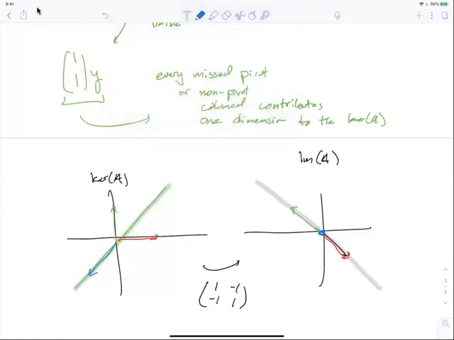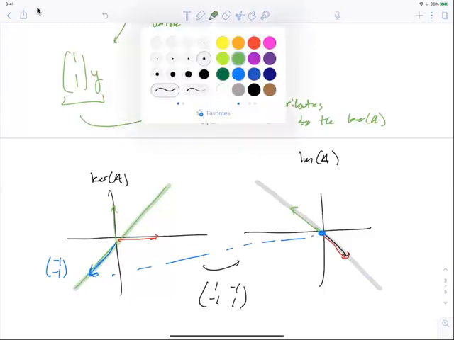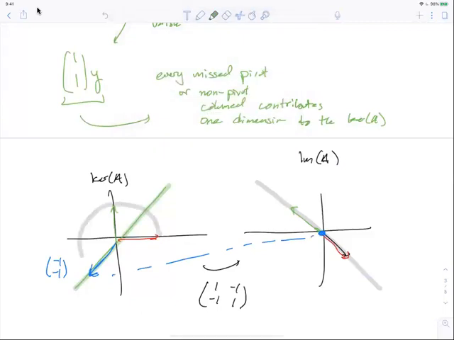So notice that because the blue vector, say minus 1, minus 1, lies on the kernel, it's going to get smashed after it's transformed to this. So we actually started with a circle, right? We actually started with the whole plane, but just for sake of illustration, you can think of it as a circle, and anything that lies on the line generated by minus 1, minus 1, that's what gets smushed.